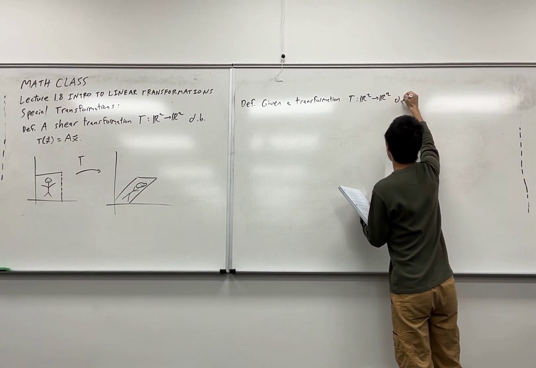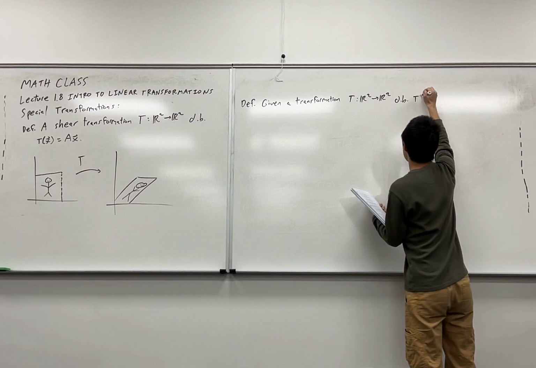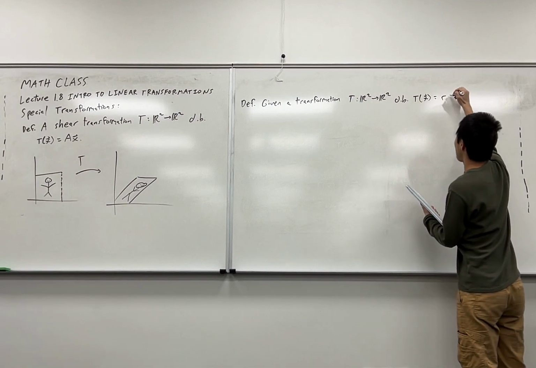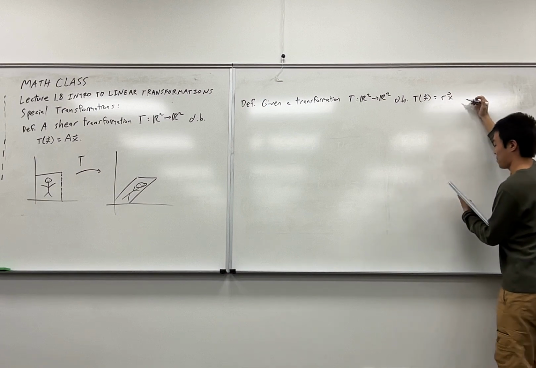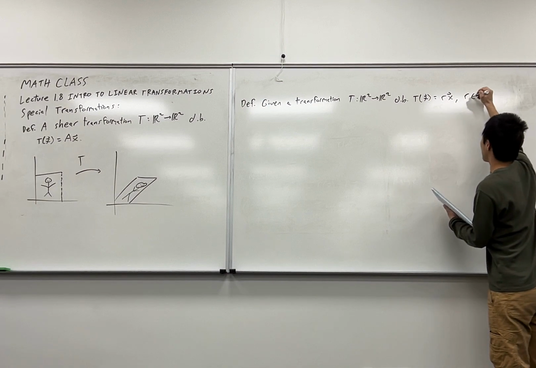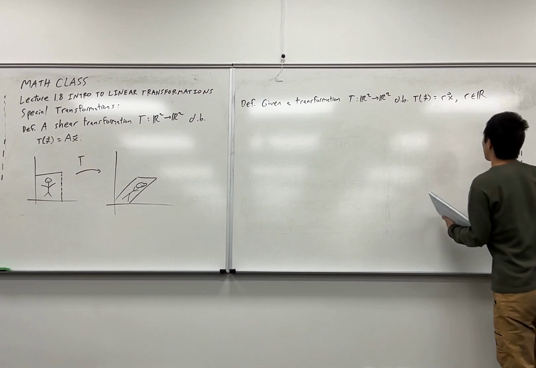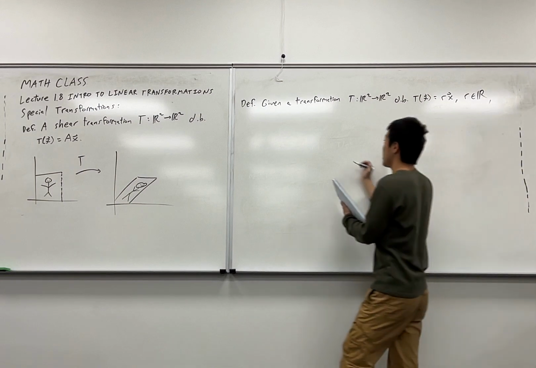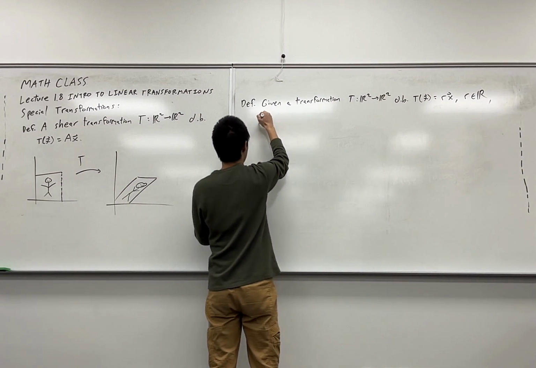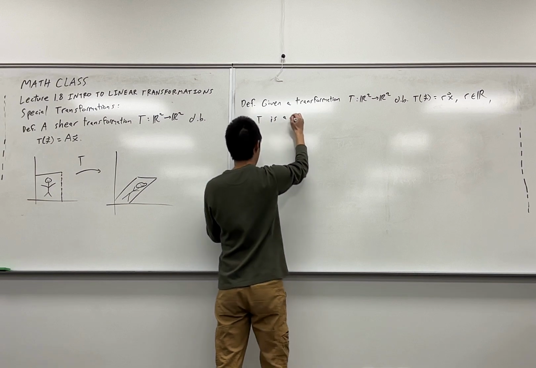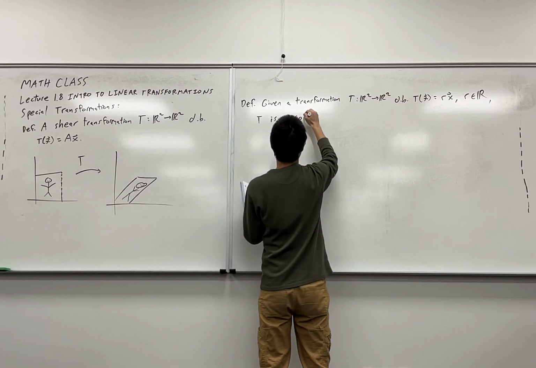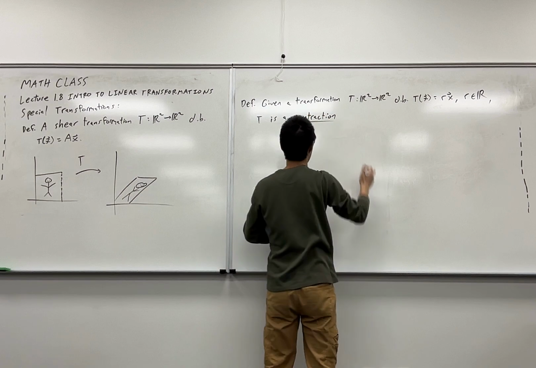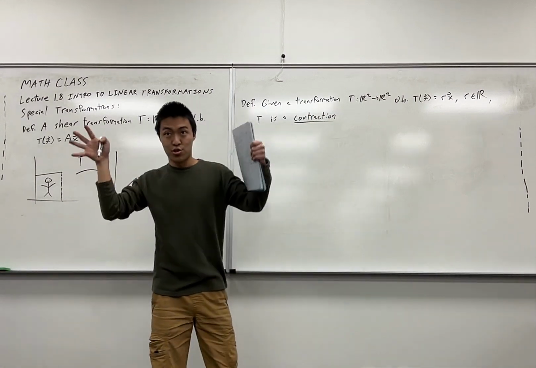And so defined by, now there's a more explicit definition here. T of x is equal to some scalar multiple r times x. So I'm going to make sure that we're clear that r is a scalar, so it's just r. And T is a contraction. Okay, when you think of the word in English, to contract, you're shrinking down.